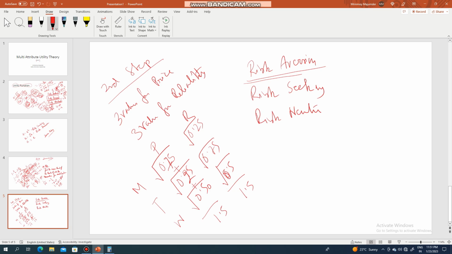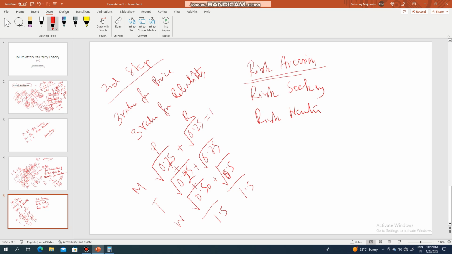We just add these two values, these two values and these two values. After adding, means we first square root it, then add it.